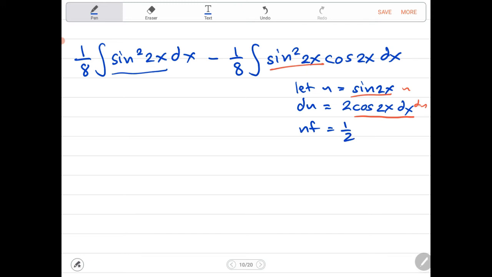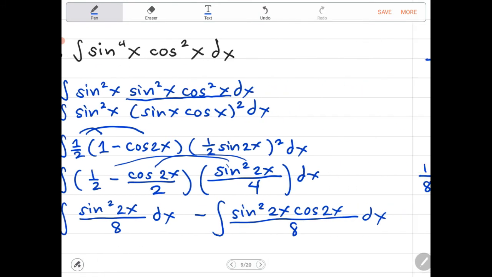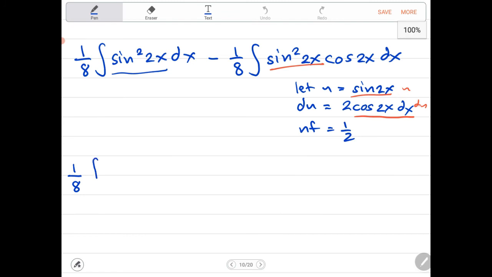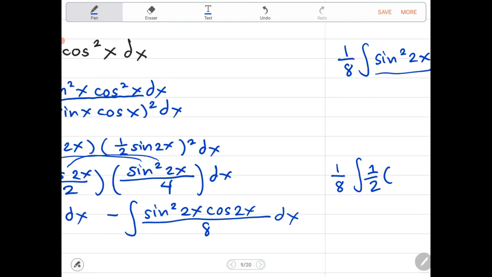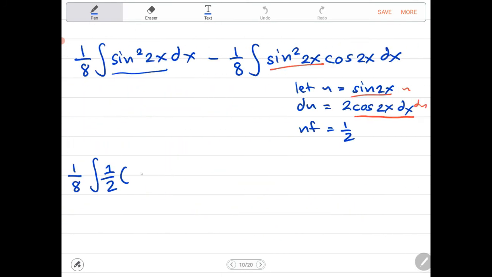So the second term is integrable. The first term, we are going to use substitution again. So let's work it out. 1 over 8, substitution for sine squared x, that is 1/2 the integral of 1/2, then 1 minus cosine 2x.